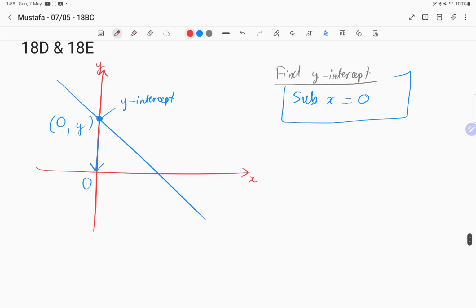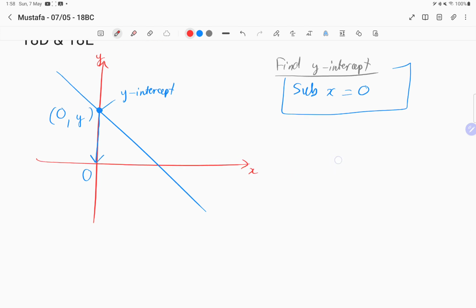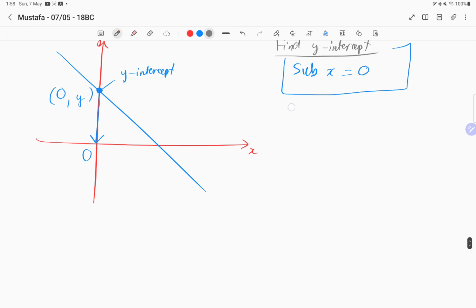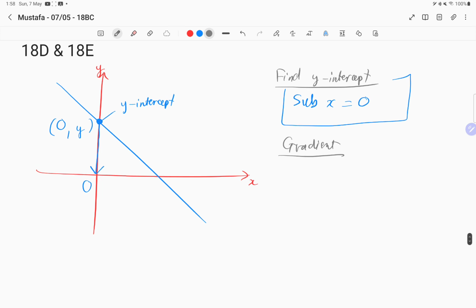Now, the gradient is like the slope of the line. So I'll cover a bit of the gradient. You could have a positive gradient when it slants to the right like that.